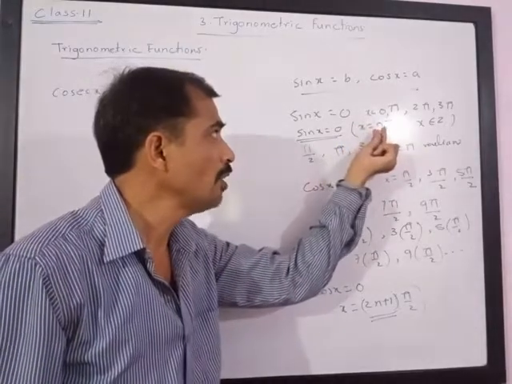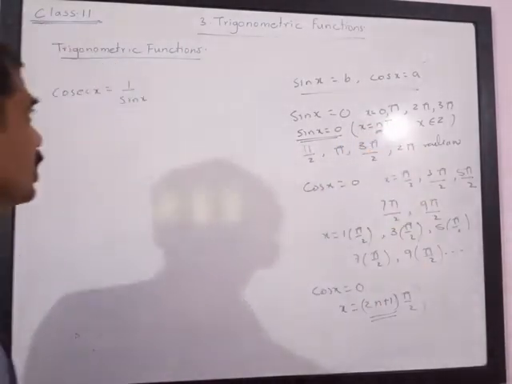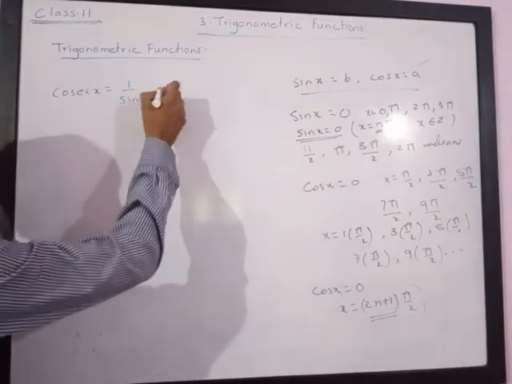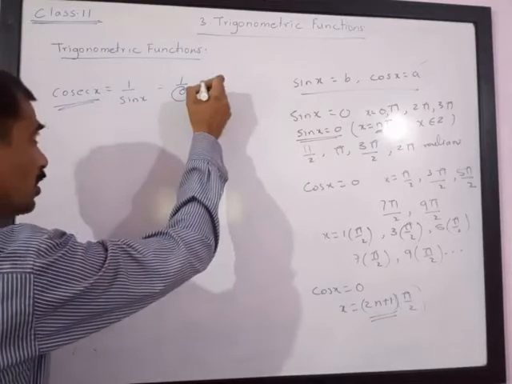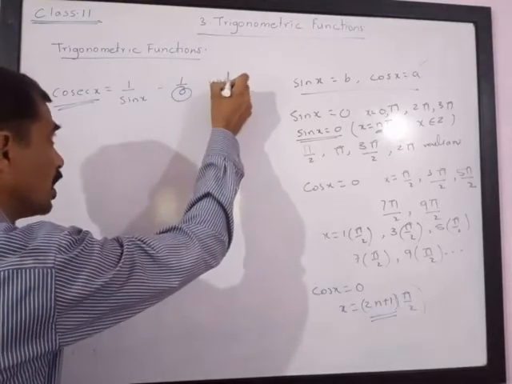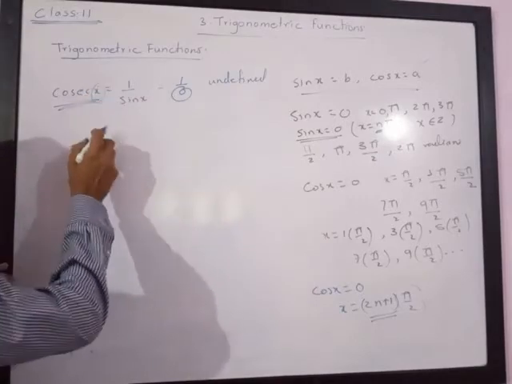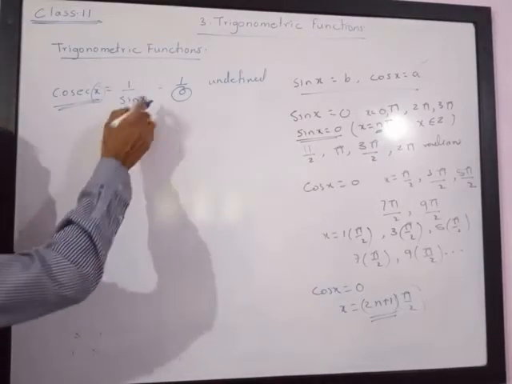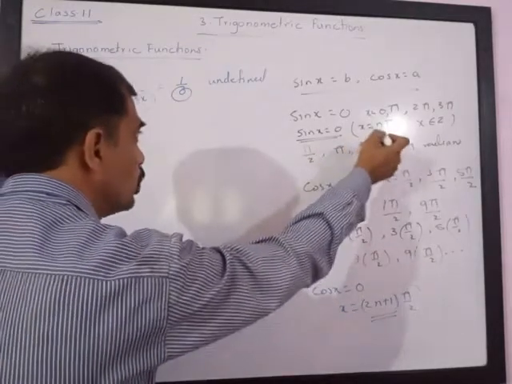So for all multiples of pi, sin x becomes 0, and if this denominator becomes 0, the value becomes undefined.